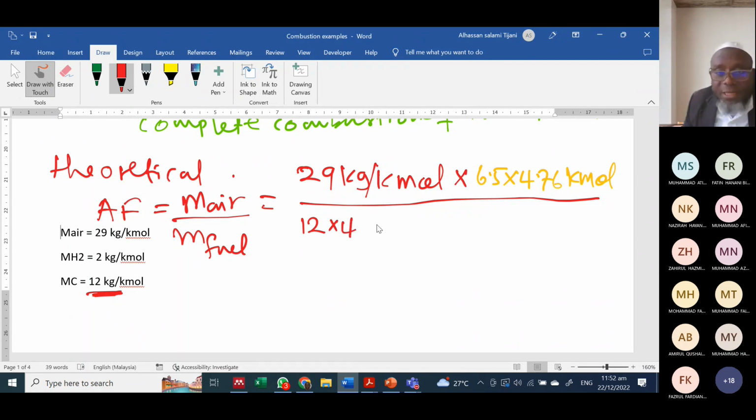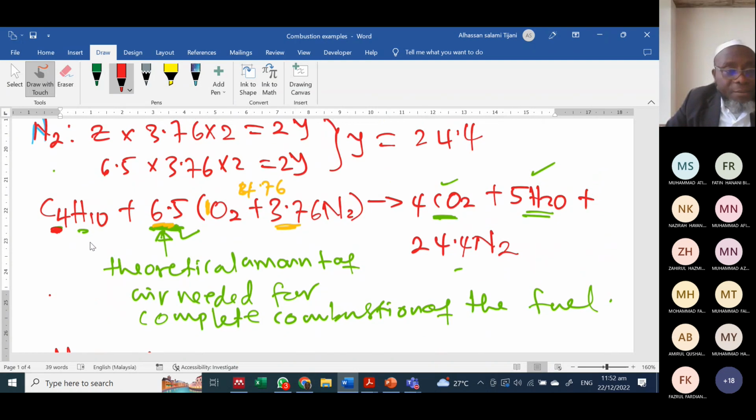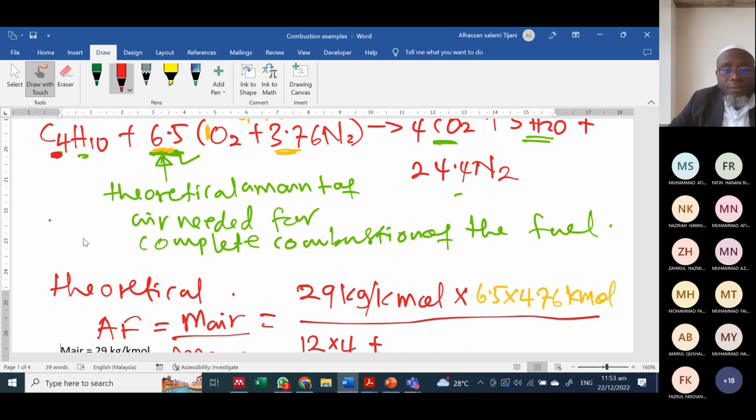Then plus the molar mass of hydrogen, but we have how many? Yes, we have 10.